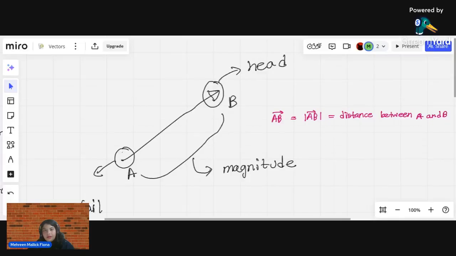So yeah, I will show you the example of magnitude, but because it is very arbitrary here, I'm not showing it right now. So before we go to the vector, let's know some examples. What are the quantities that are vectors and what they are not.